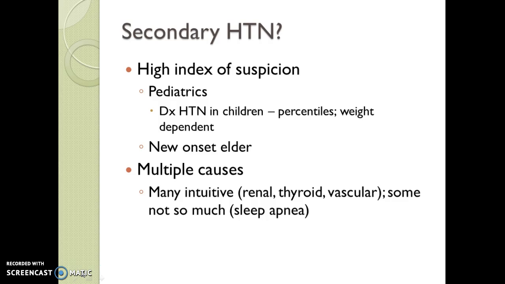Now, secondary causes can be many. There are some that are intuitive, such as kidney disease, thyroid, and vascular disease, and some not so much, such as sleep apnea. We're not really going to get into that here, but I want you to understand that even in those cases where it may be a secondary hypertension, and there may be a cure, if you will, in some cases we are going to continue to treat the numbers, get the blood pressure down regardless of the cause, whether it's primary or secondary.